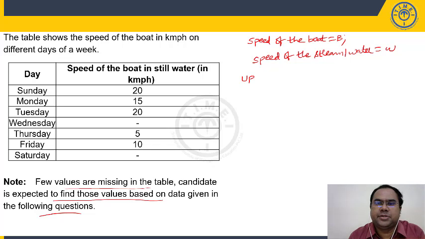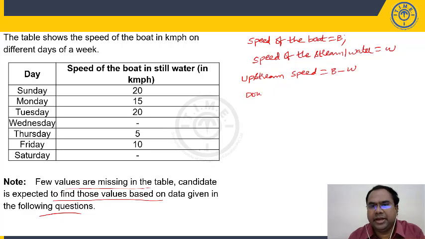So what is my upstream speed? Upstream speed is given by B minus W. What is my downstream speed? Downstream speed is given by B plus W.